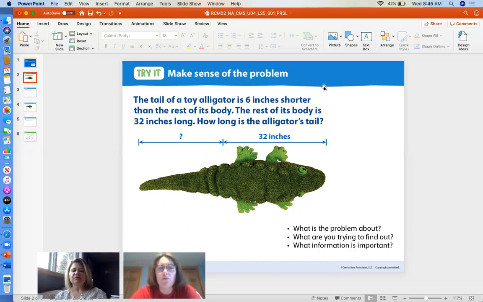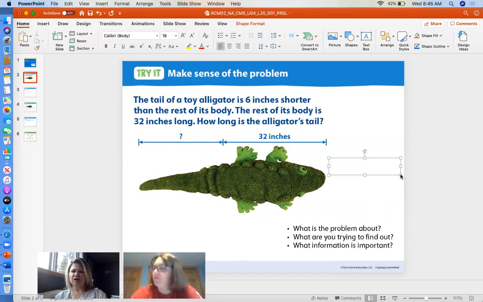So if I was going to write an equation for the problem, because that's usually where I start, I try to think about the equation. I know that I could figure out the question mark by taking the rest of its body, so 32, minus 6, because it says the toy alligator is 6 inches shorter.